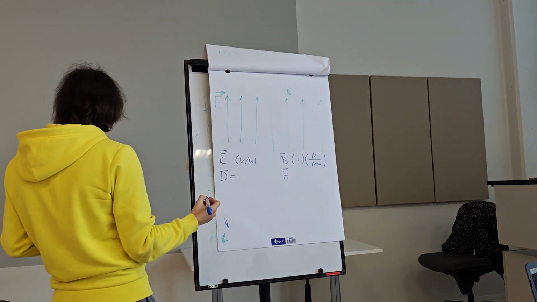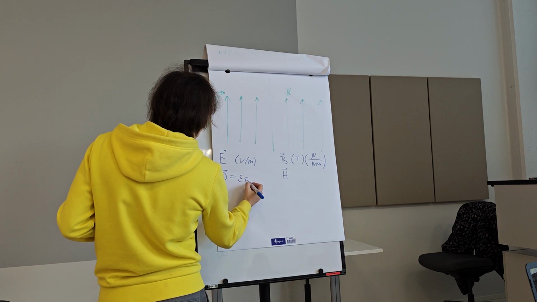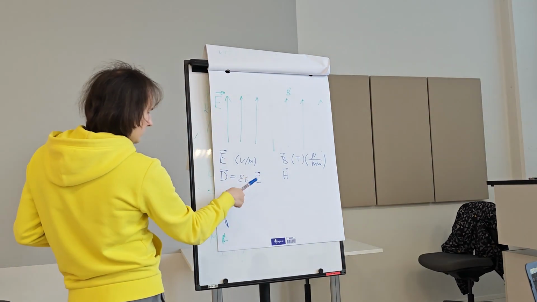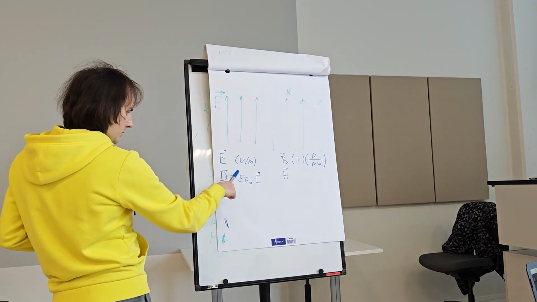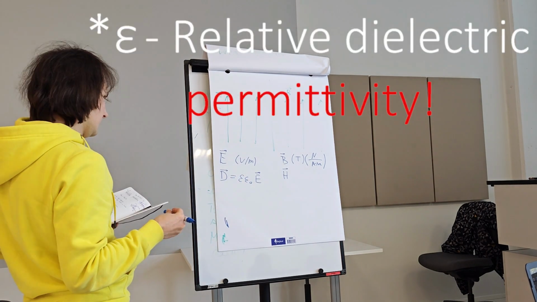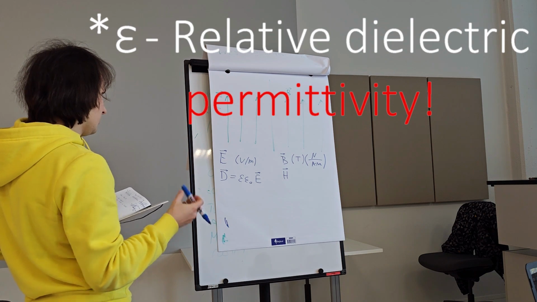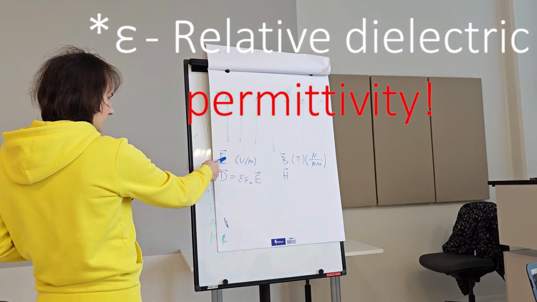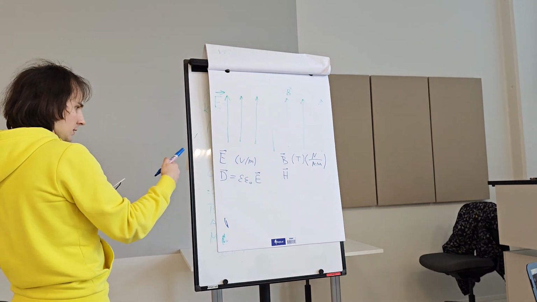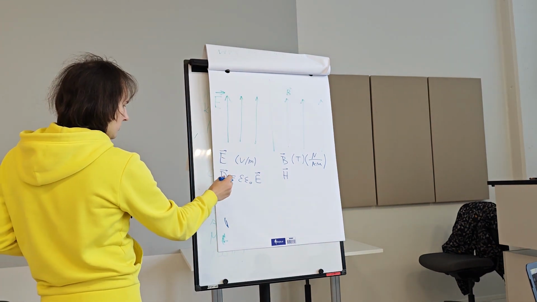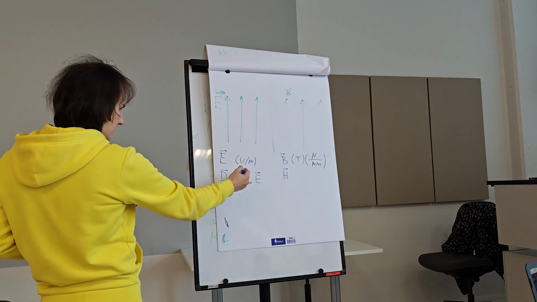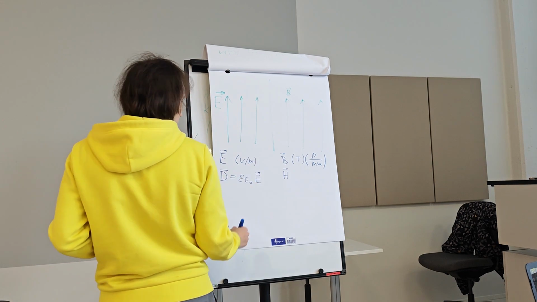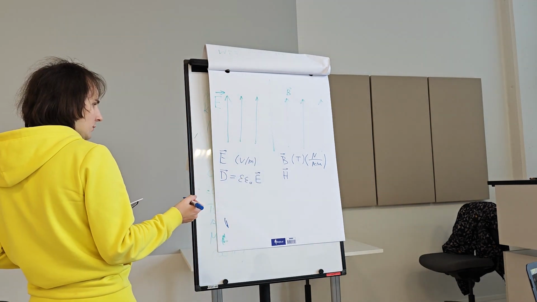Vector D equals to epsilon 0 epsilon E, where epsilon 0 is the constant and epsilon is the relative dielectric permeability of the material. So vector E basically doesn't take the material into account, but vector D already takes the properties of the material.